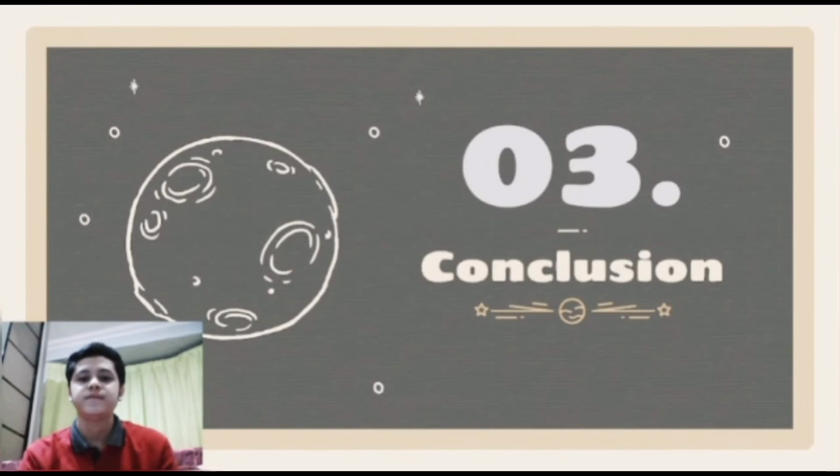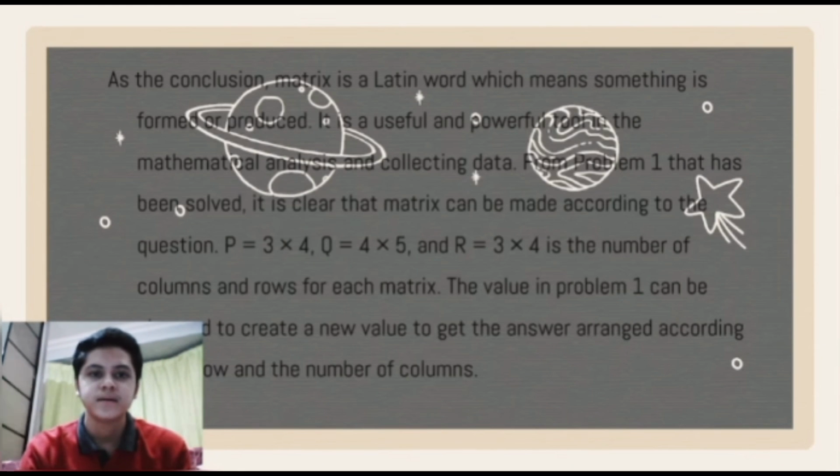As the conclusion for this matrix, matrix is a Latin word which means something is formed or produced. It is a useful and powerful tool in mathematical analysis and collecting data.